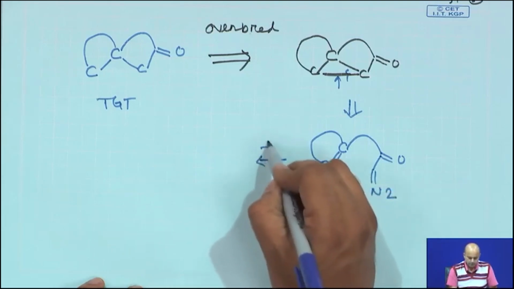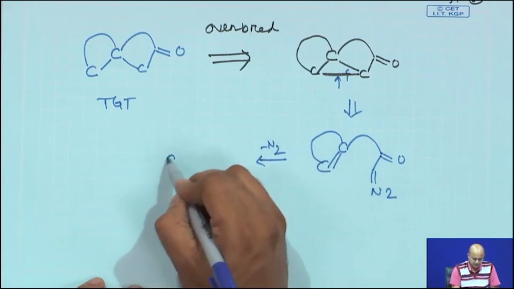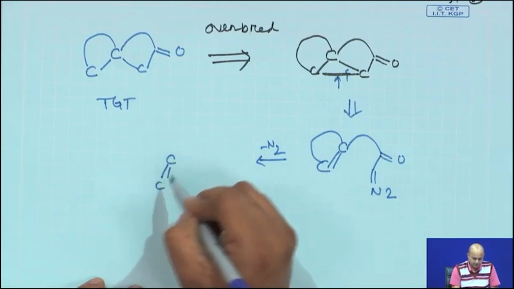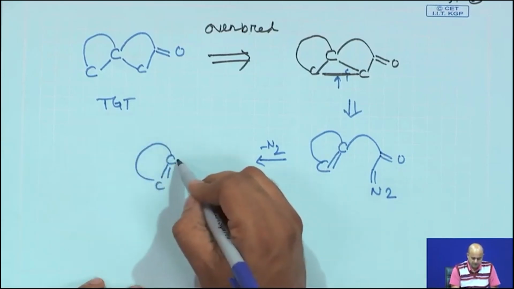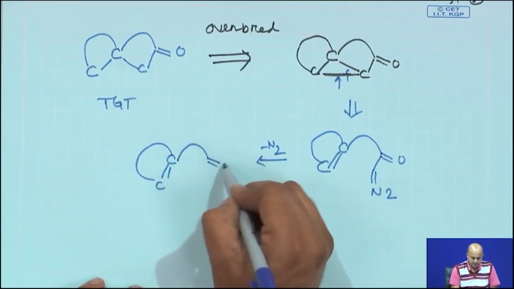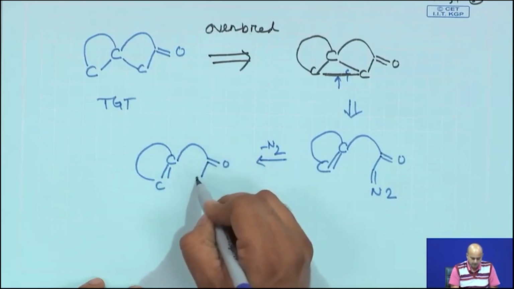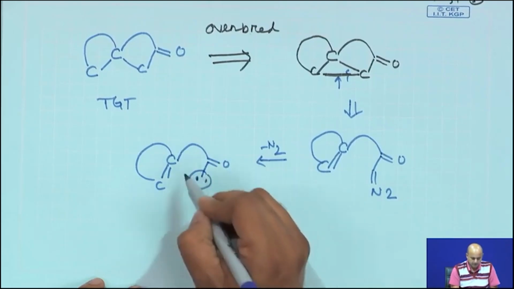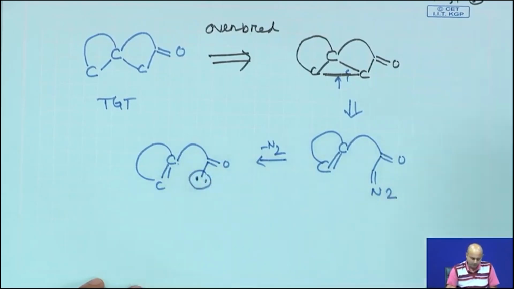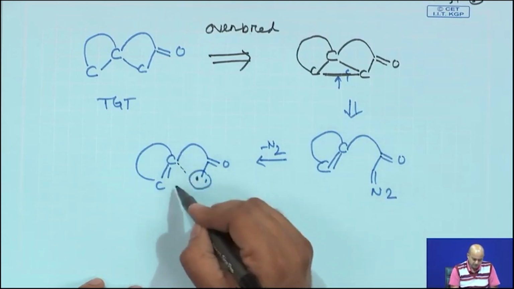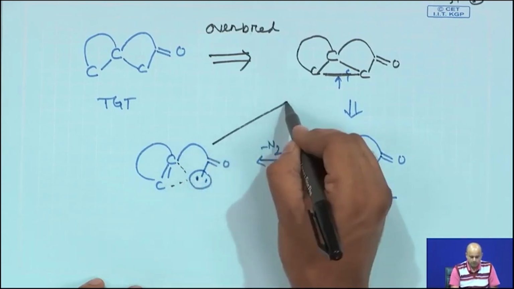So, you shine light, double bond C, and then double bond O, you get this acyl carbene, which now undergoes 2+1 cycloaddition to give you this cyclopropane.